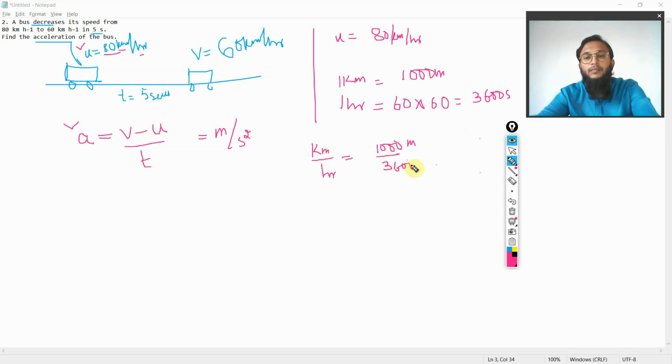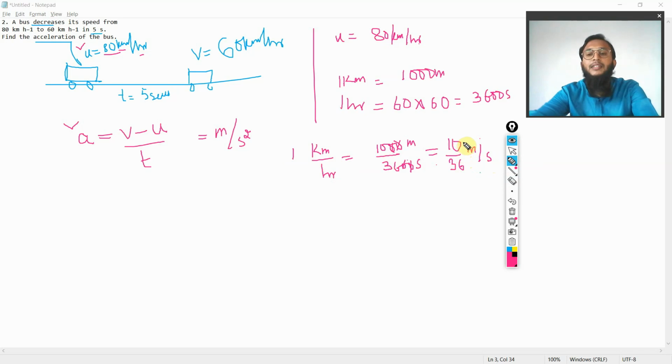So the 0 0 0 0 cancel. What is remaining? 10 by 36 meter per second. That means 1 kilometer per hour is 10 by 36 meter per second.